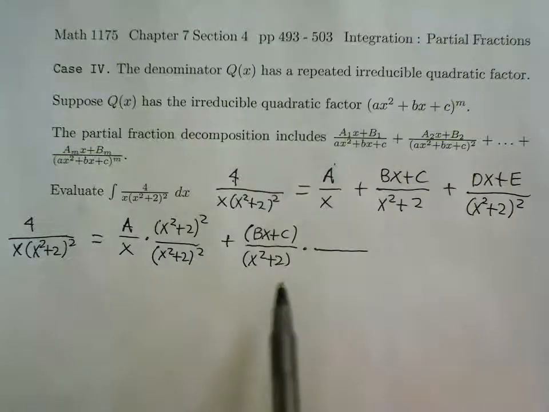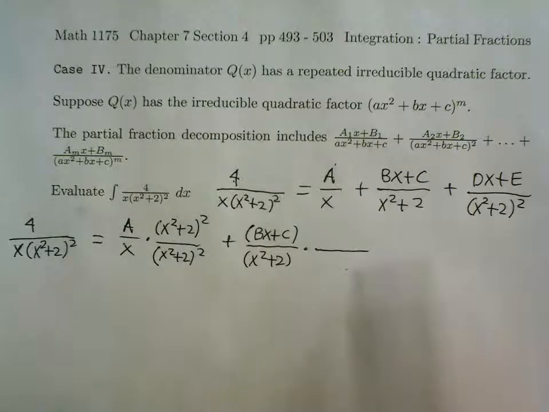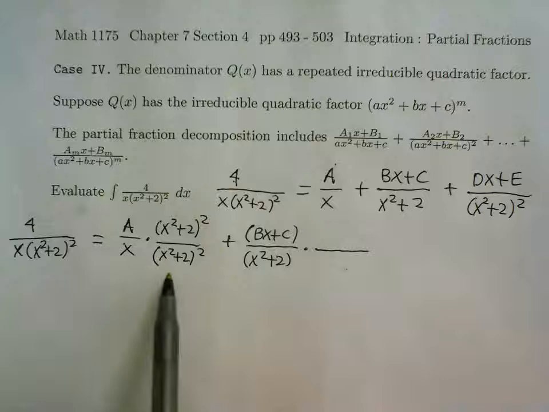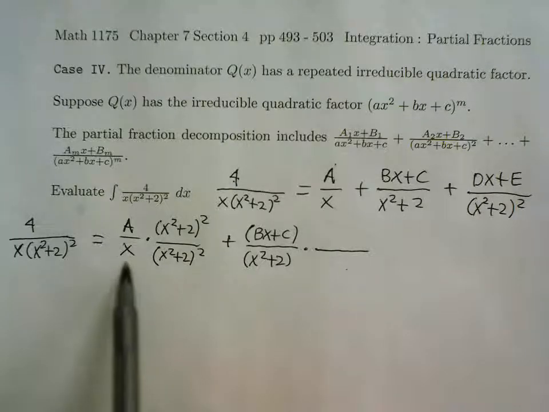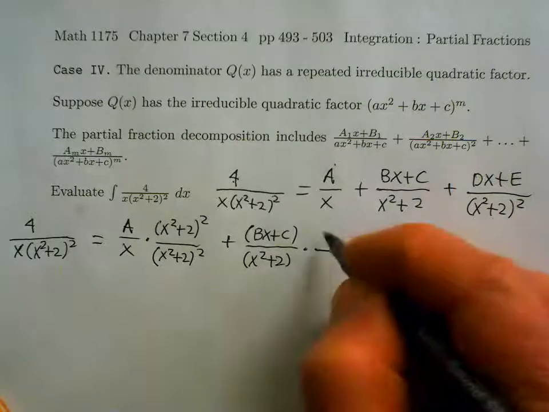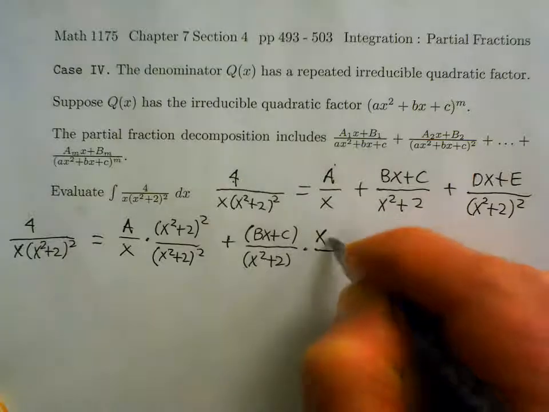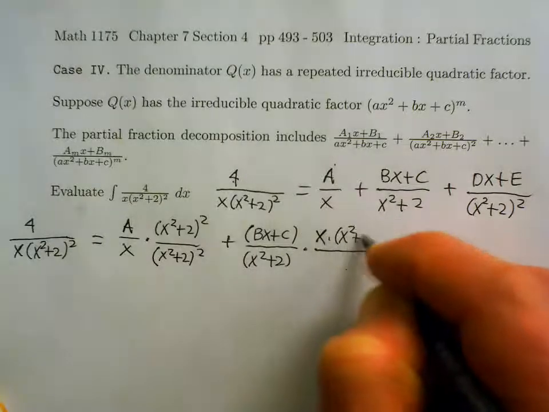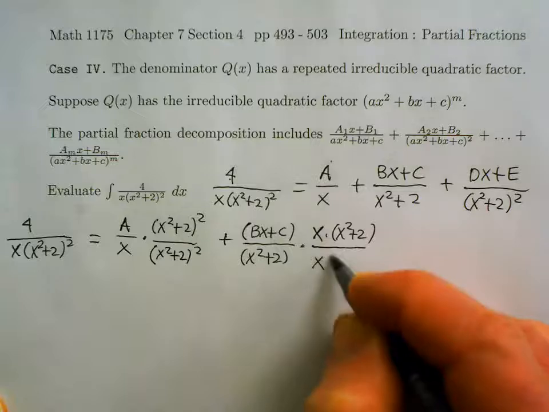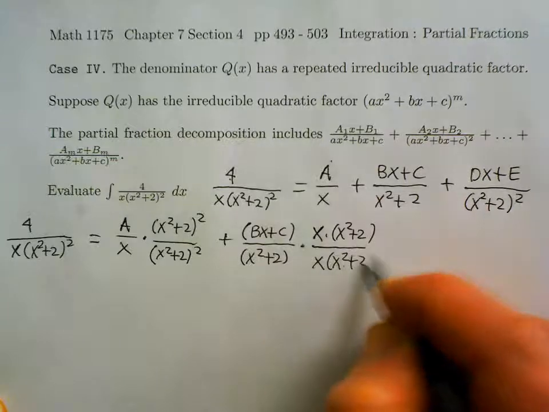Well, we need another irreducible quadratic factor because the least common denominator has 2 factors of x squared plus 2, and we also need the linear factor x. So we multiply by 1 in the form x times x squared plus 2 over x times x squared plus 2.